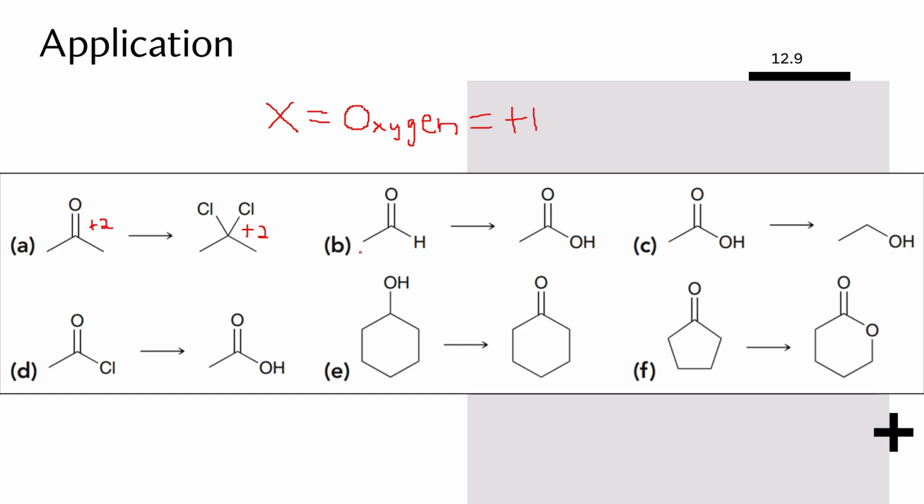If we look at this compound right here, we have 1 carbon, which will constitute a 0. We have a -1 from this hydrogen, and we have a +2 from the 2 bonds that go to the oxygen. So this one will have an overall +2 -1, that's a +1 right here.